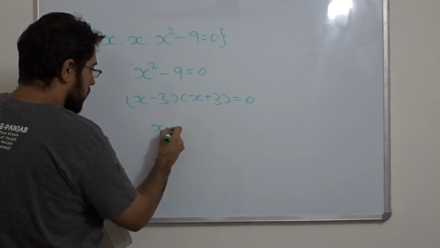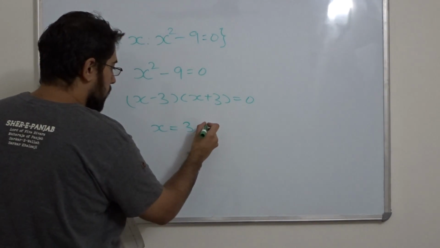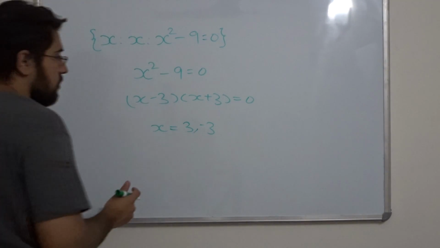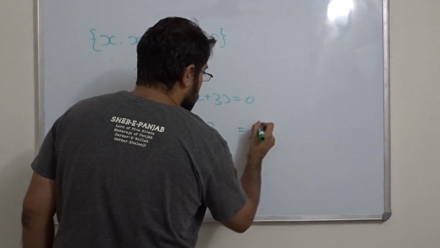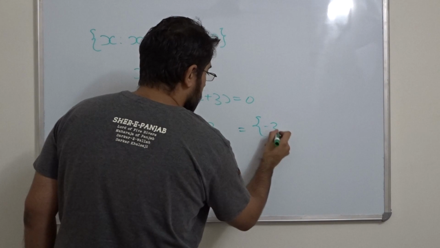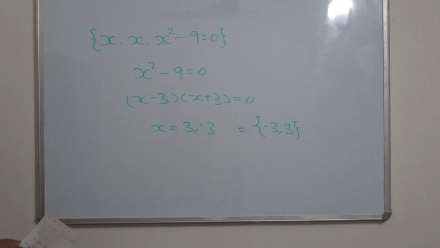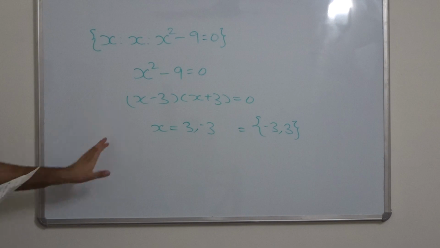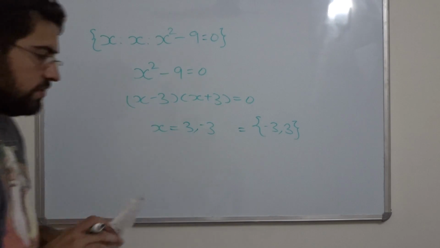So x equals 3 or minus 3. Ultimately the answer to this finite set will be this: negative 3, 3. This is the final answer. So this is practically the first example, and this is a finite set because it has a definite number of solutions.